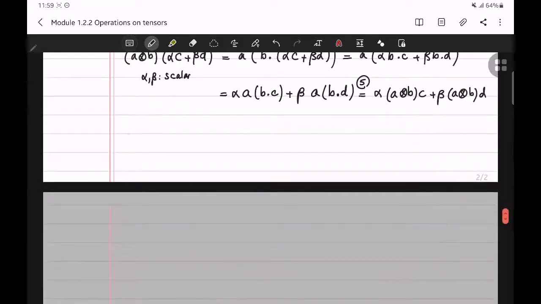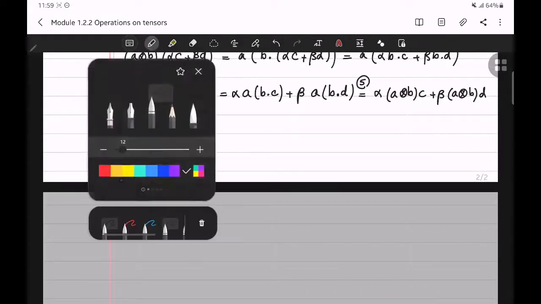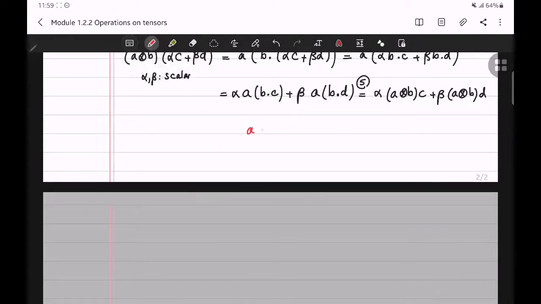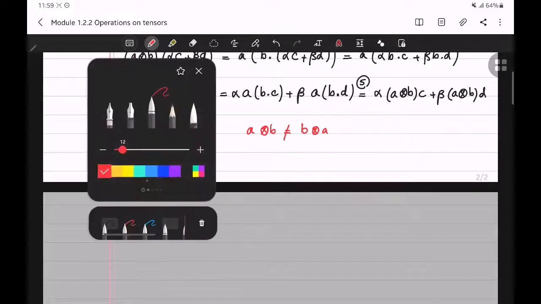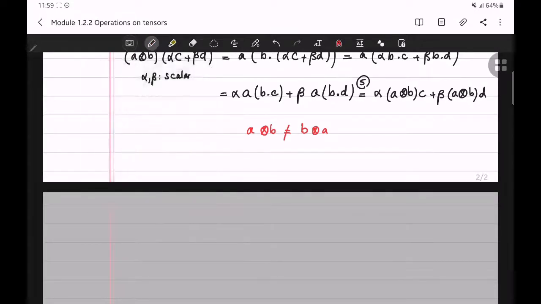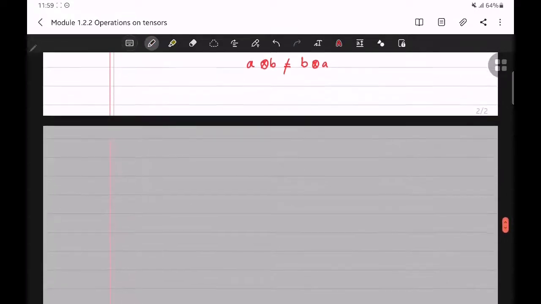And you also have to remember that a dyad b is not equal to b dyad a. This is way too important.